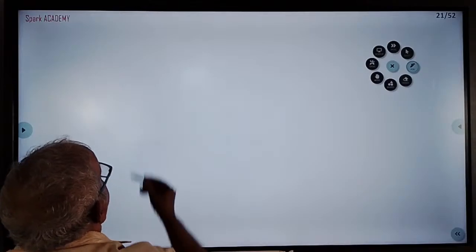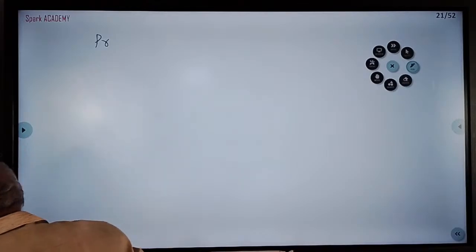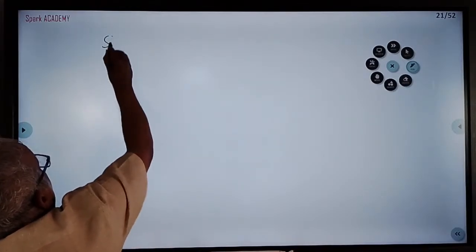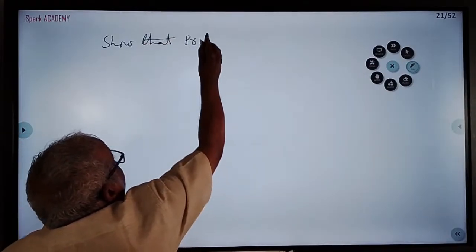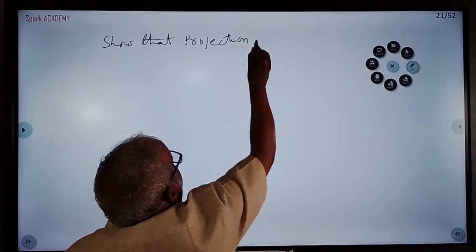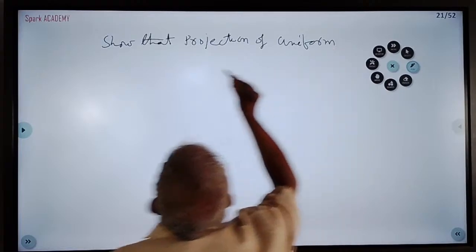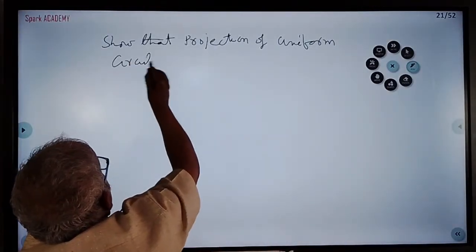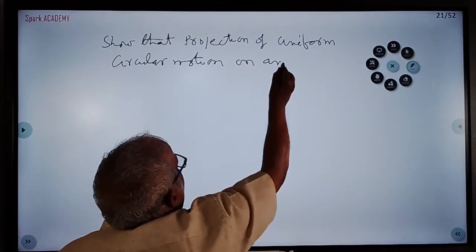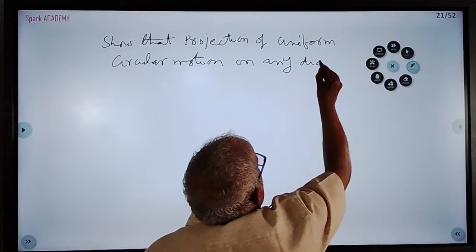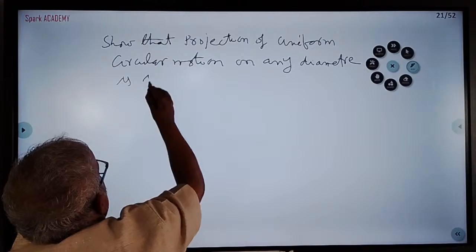Friends, next one more question is there. In oscillations, show that projection of uniform circular motion on any diameter is simple harmonic.